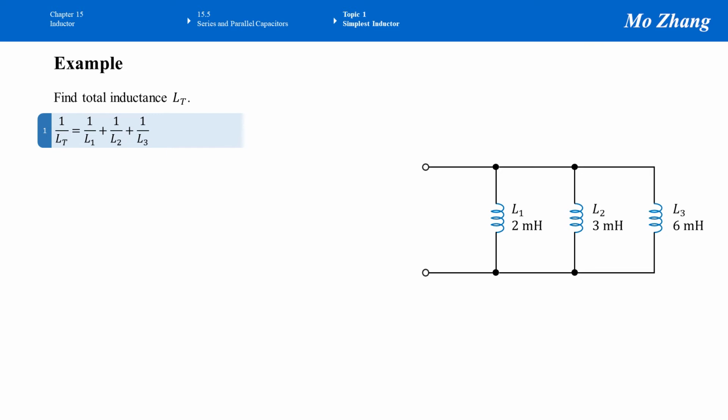That formula is 1 over Lt equals 1 over L1 plus 1 over L2 plus 1 over L3. Next step, plug in the numbers. 1 over 2 millihenry plus 1 over 3 millihenry plus 1 over 6 millihenry.